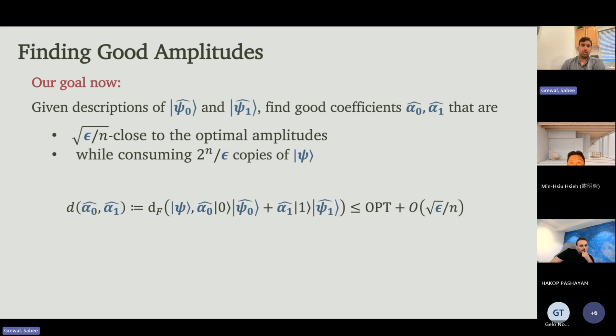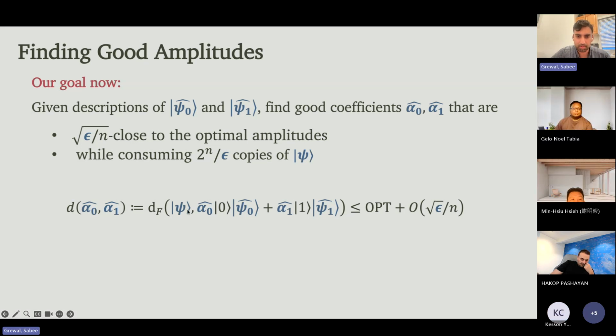So essentially what we're asking for is to optimize over this two parameter space. Think of this function D of alpha 0 and alpha 1 as some function that we're optimizing in these two choices of amplitudes. This is just going to be equal to the Frobenius distance between our input state psi and this glued together state.